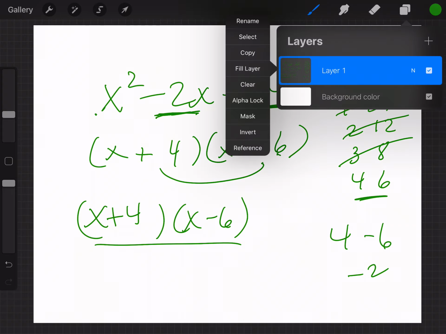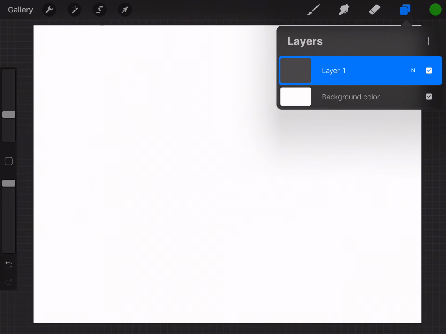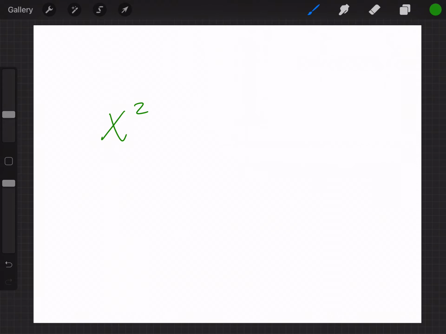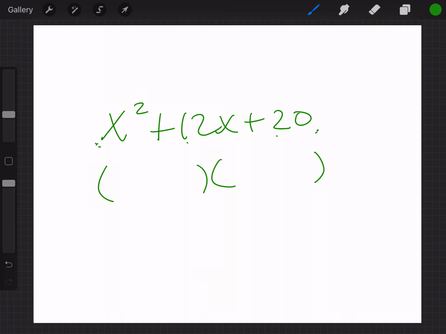Let's try maybe 1 or 2 more, and if you've got any questions, I'll take a look at them then. Alright, so let's go x squared plus 12x plus 20. Do I have anything in common? Nope, not an x there. So I'm hoping for a trinomial.